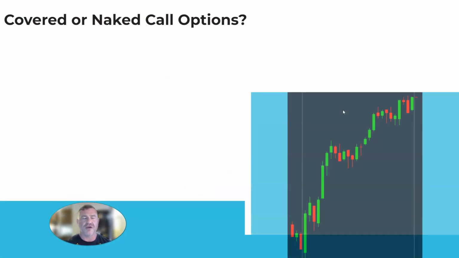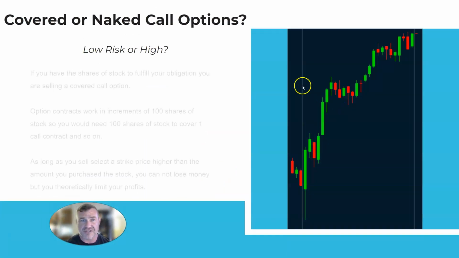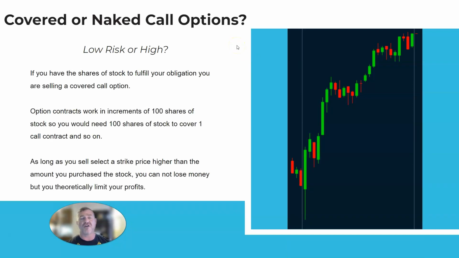Now the other type of call option contract you can sell is a covered call option. If you have shares of stock to fulfill your obligation, then you are selling a covered call option. Option contracts work in increments of 100 shares of stock.